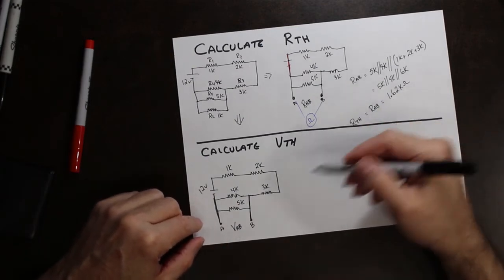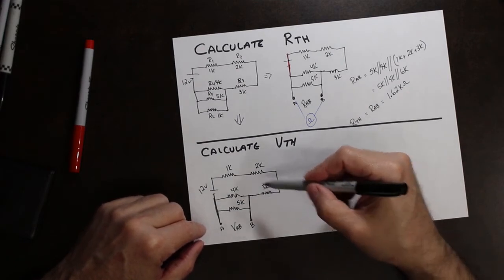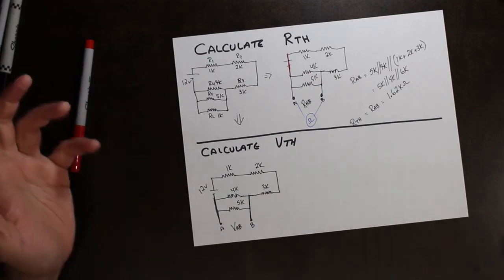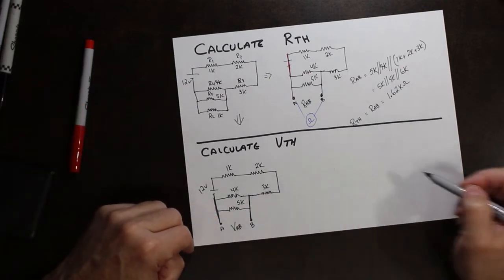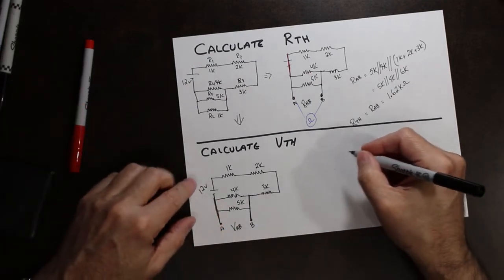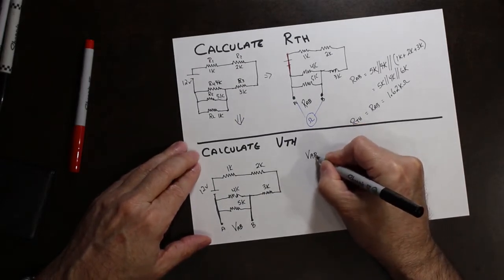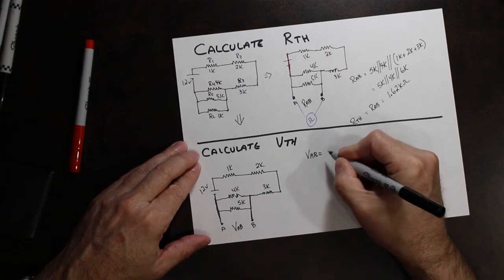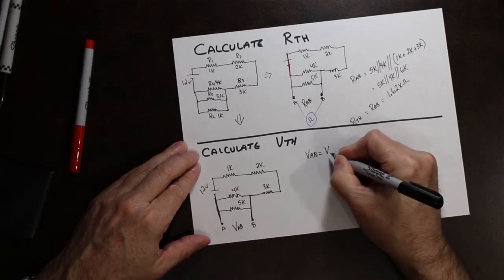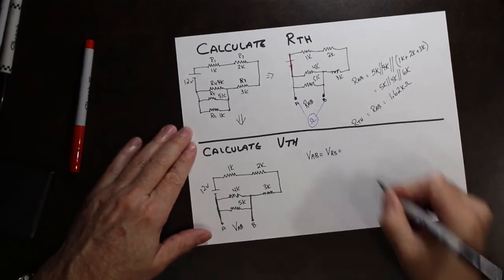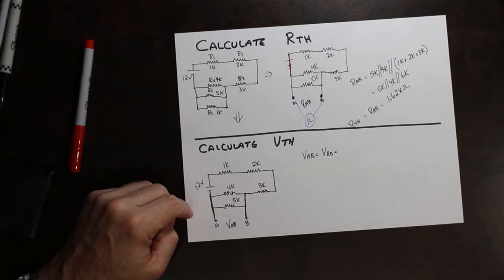So now we have to solve the circuit and find the voltage across one of those. It doesn't matter which one, it's going to be the same, so we'll just pick the 5K. So the voltage A to B in this case is the voltage across R5, which is that 5K resistor. So now we have to solve for that.